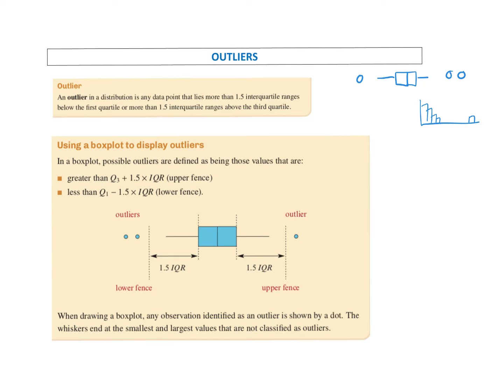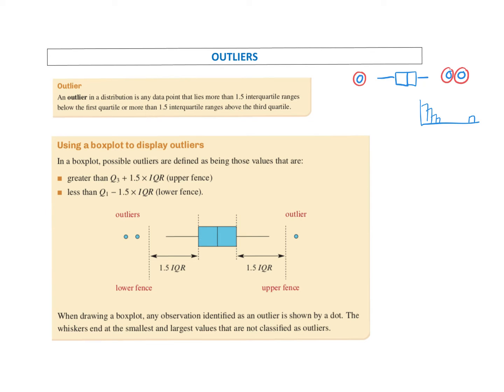The good thing with a box plot is you can 100% know it's an outlier because the box plot demonstrates an outlier as a dot, where sometimes in a histogram we're not really sure. It might not have made it to be an outlier. So often when you're unsure if you've got a set of data and you're not sure if it's an outlier, throw the data into the calculator and create a box plot, and then you can hover over it and you'll know for sure which one's an outlier.